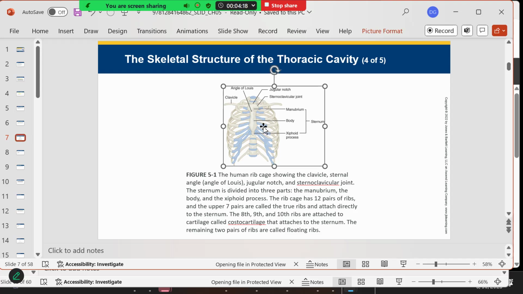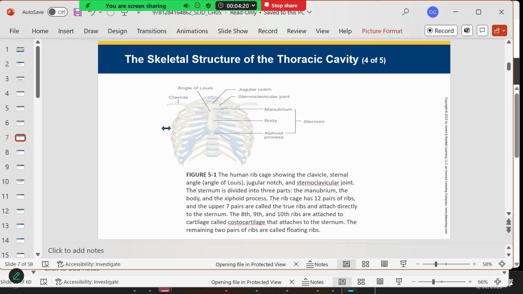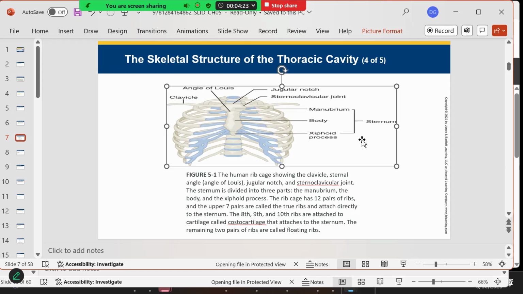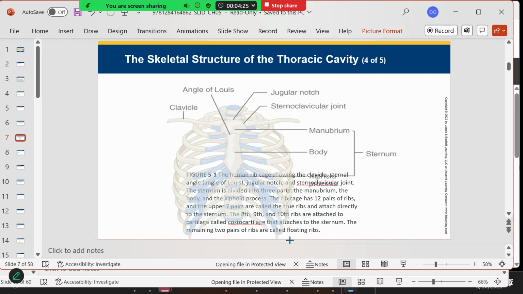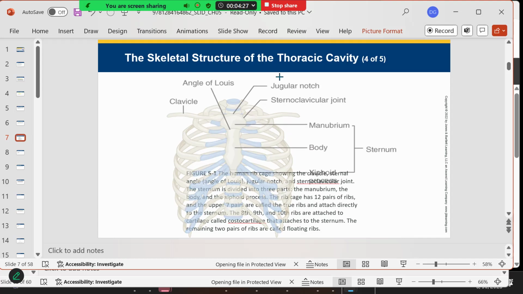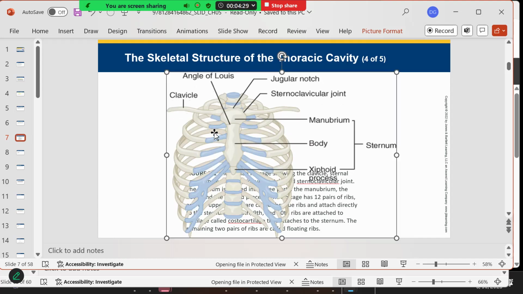All important, but there's a picture of it. Let's blow that up to a size that you can actually make sense of. And you'll see the angle of Lewis, which connects the body of the sternum to the manubrium of the sternum. You do need to know those parts of the sternum, the top part, manubrium, then the body, then the xiphoid process.